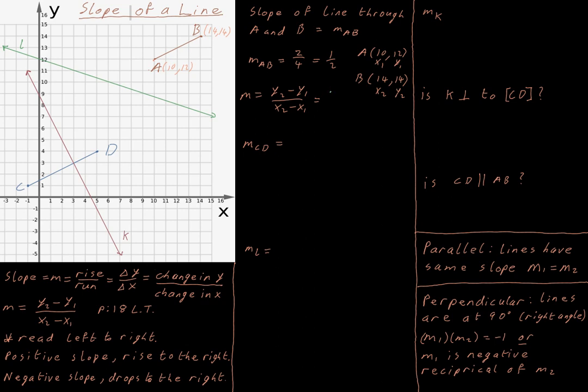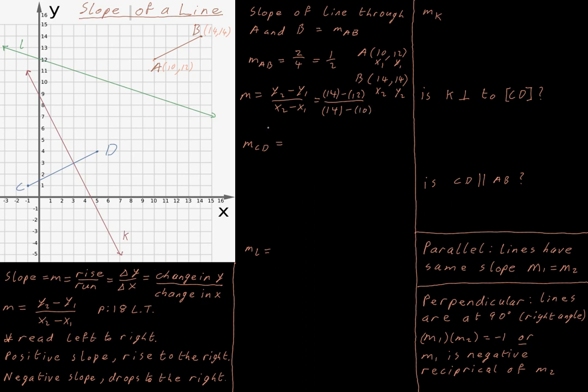And I sub into that. I have 14 minus, I should put everything in brackets, (14) for y2 minus (12) for y1 divided by x2, which is (14), minus x1, which is (10).